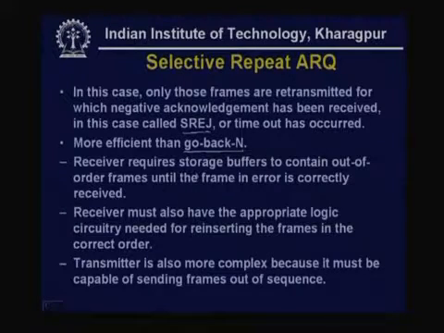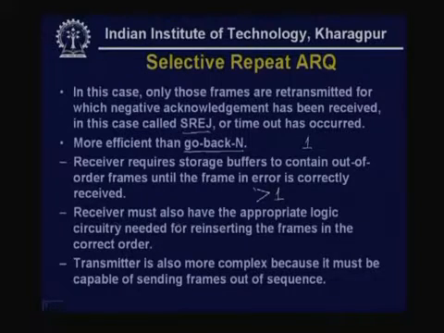The receiver, however, requires storage buffer to contain out of order frames until the frame in error is correctly received. In case of go back N, we have seen the receiver requires only one buffer. However, in this case the number of buffers required will be more than one. The sender also will require more than one buffer, and the receiver also will require more than one buffer.